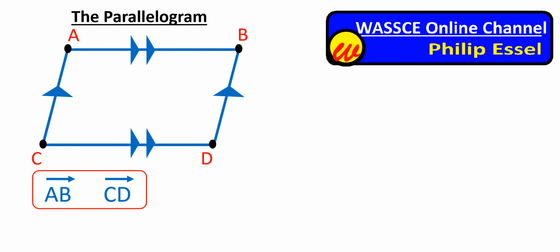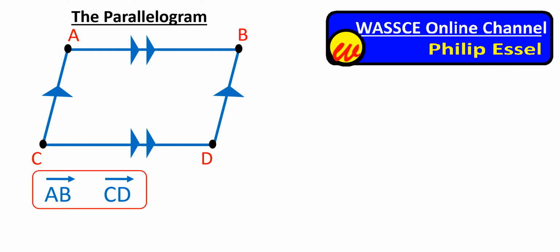Now the feature you need to know here is this. Whenever you have a parallelogram, opposite sides are always equal. So in this case, the vector AB is equal to the vector CD.